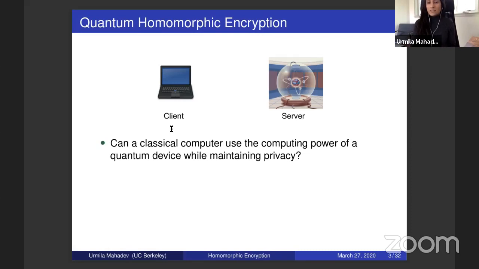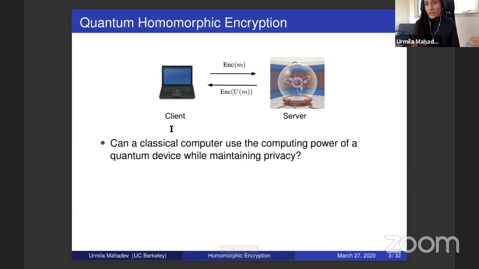So ideally, what this classical client should be able to do is send over some classically encrypted data to the server. And then the server should be able to compute a unitary on top of the data. So instead of applying a classical circuit homomorphically, now he wants to apply a general quantum circuit, which we represent as a unitary quantum operator.